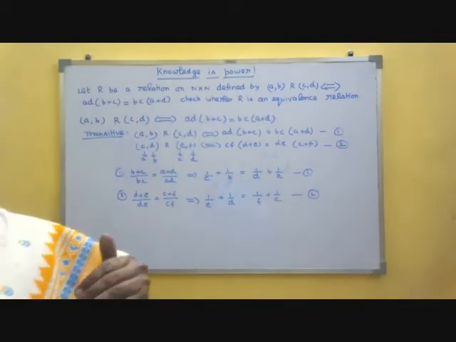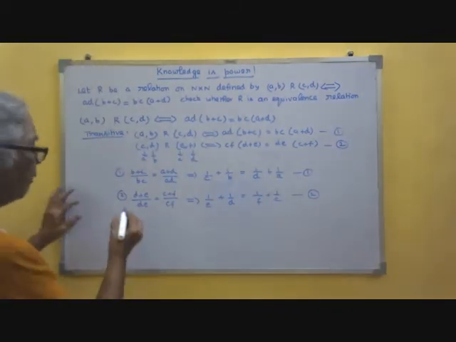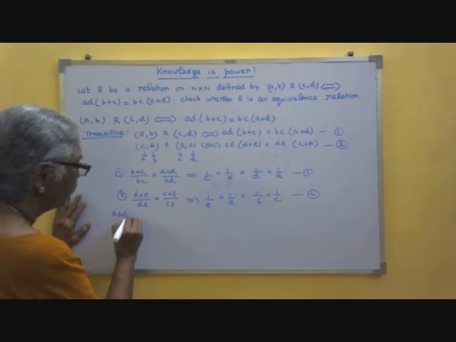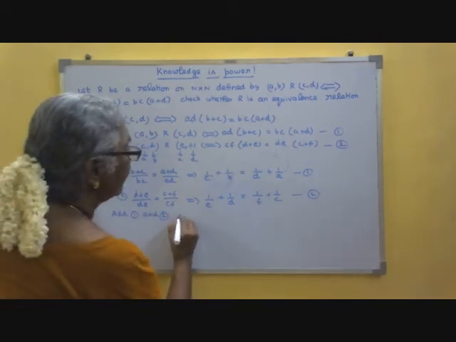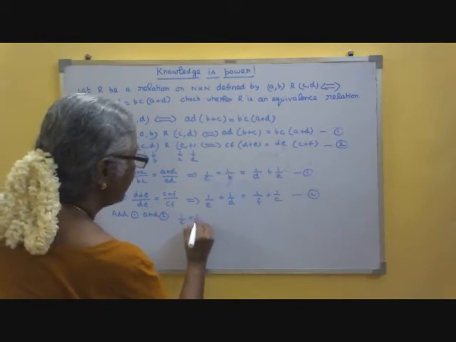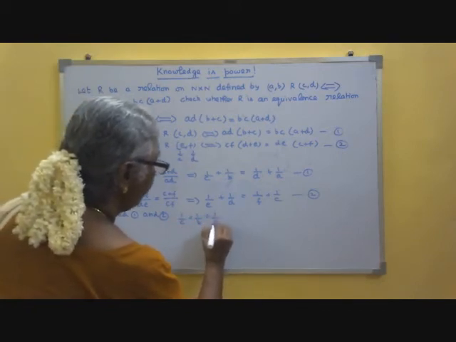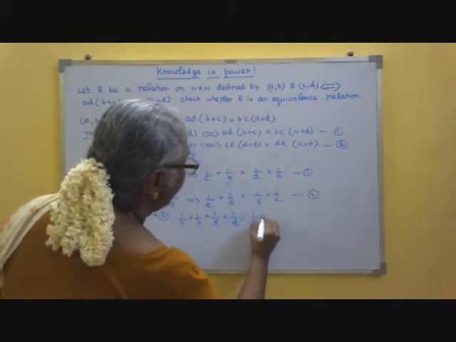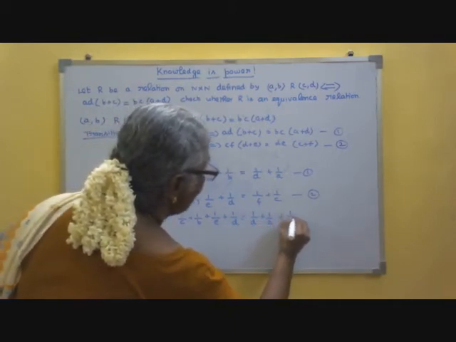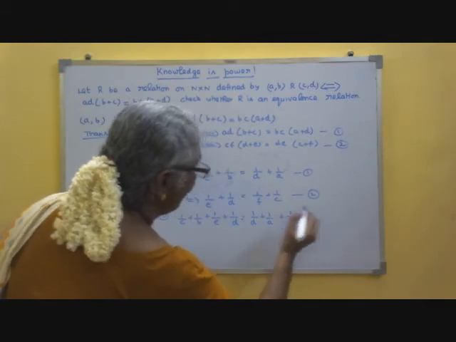Now let us add 1 and 2. What will we get? 1 by C plus 1 by B plus 1 by E plus 1 by D is equal to 1 by D plus 1 by A plus 1 by F plus 1 by C.